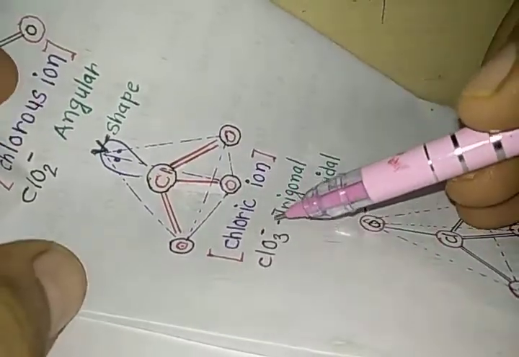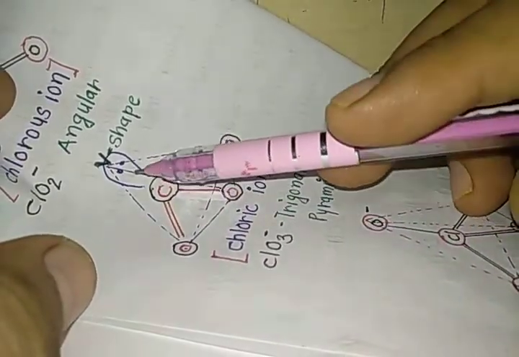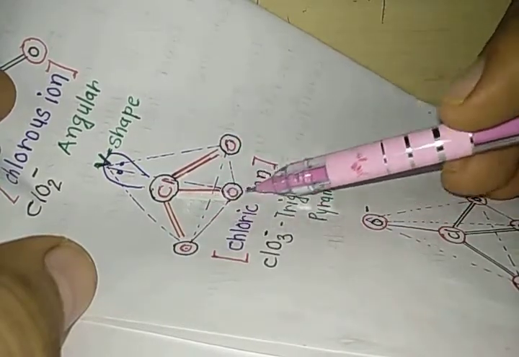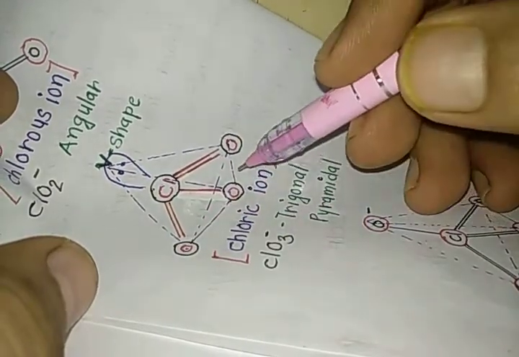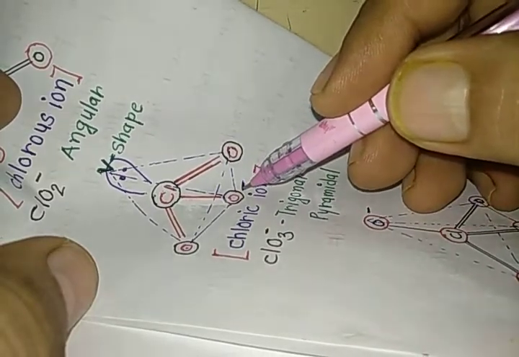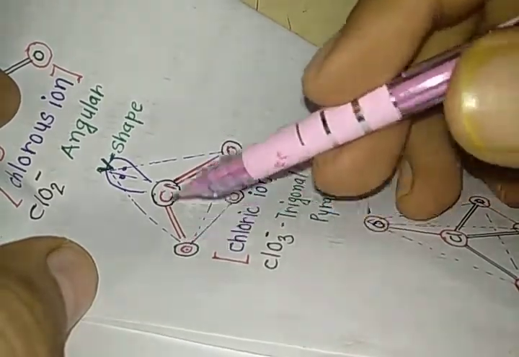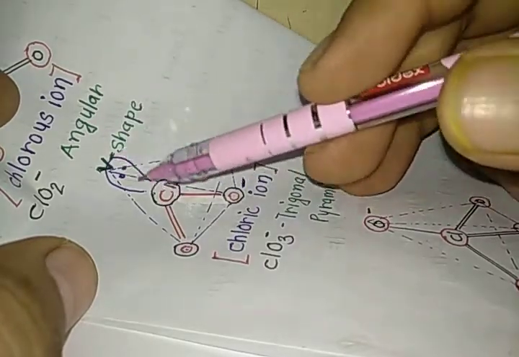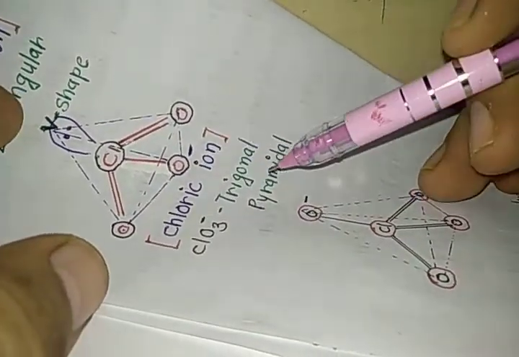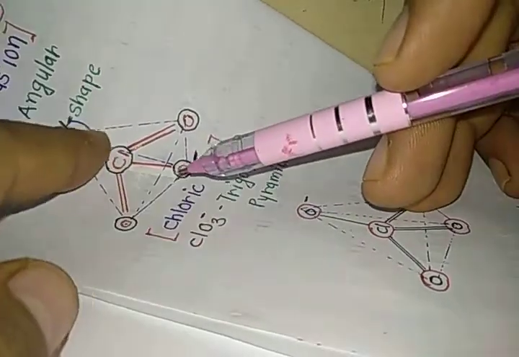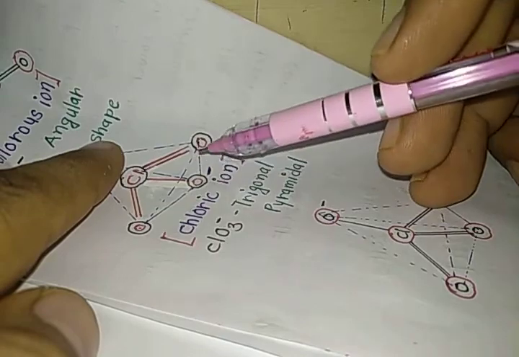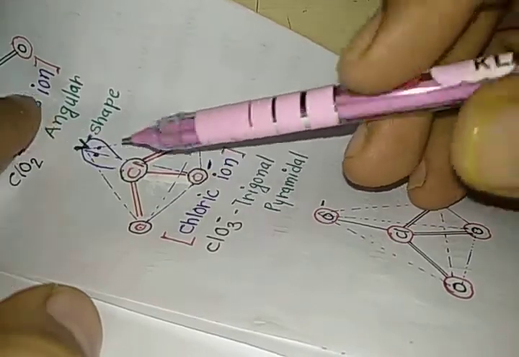Then we have ClO3 minus. ClO3 minus has one lone pair and a single bond with O with a negative charge on it, and then Cl bonded with double bonds to the other two oxygens. This is going to be trigonal pyramidal. You can easily see the trigonal pyramidal shape of ClO3 minus.